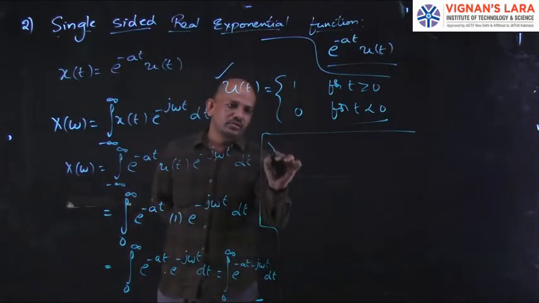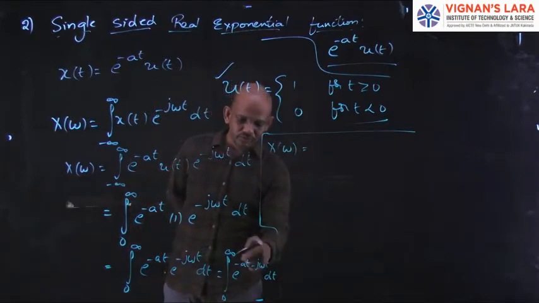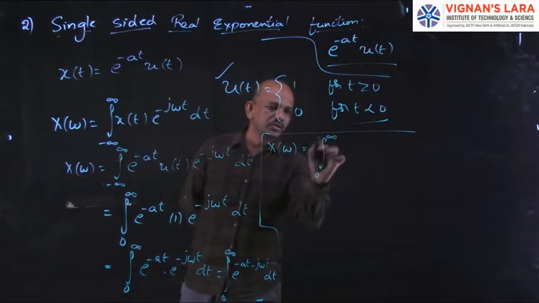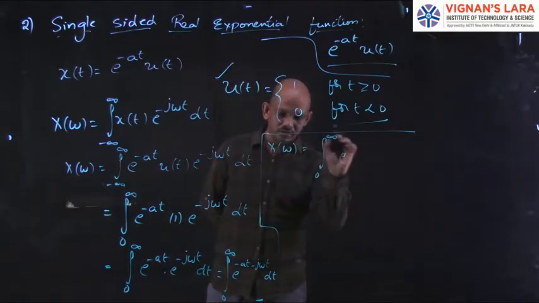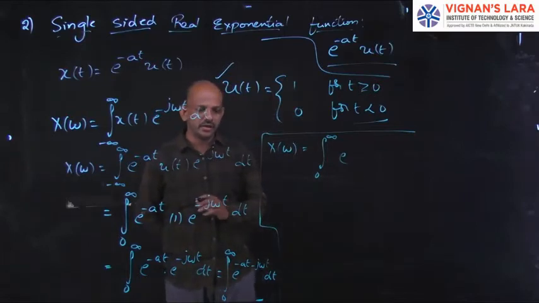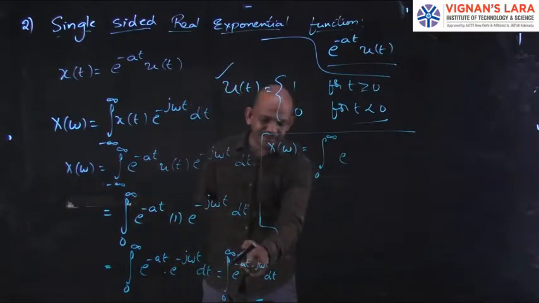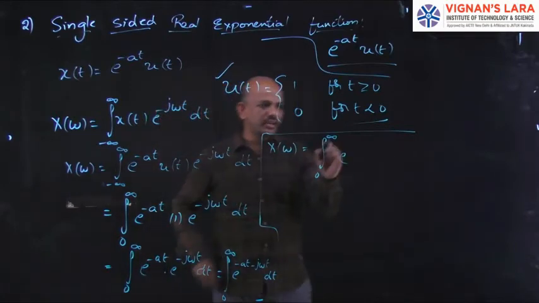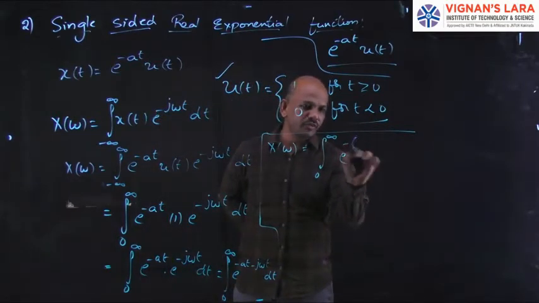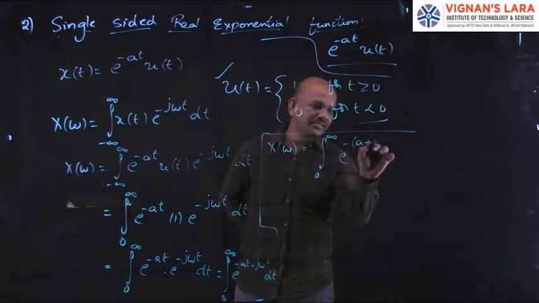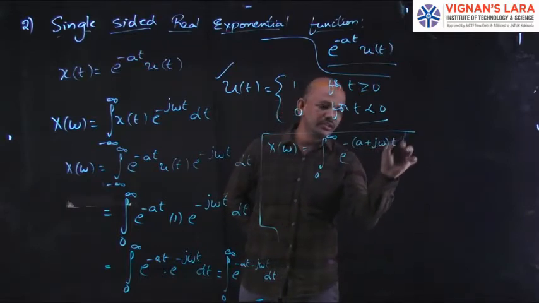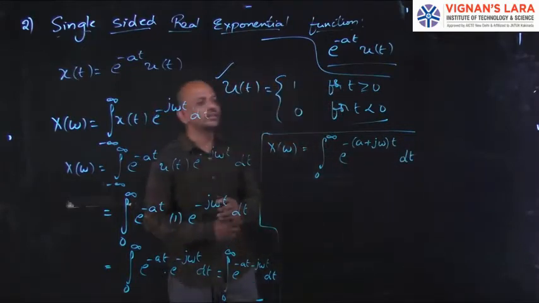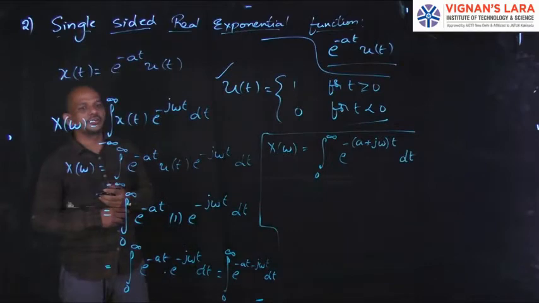So X of omega will be equal to the integral from 0 to infinity of e power, and here in both I can take the minus as common and t as common. So what happens? Minus of a plus j omega into t dt.